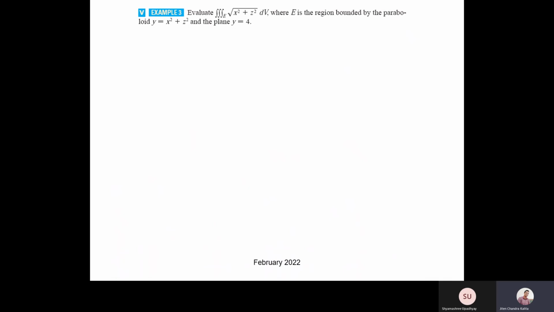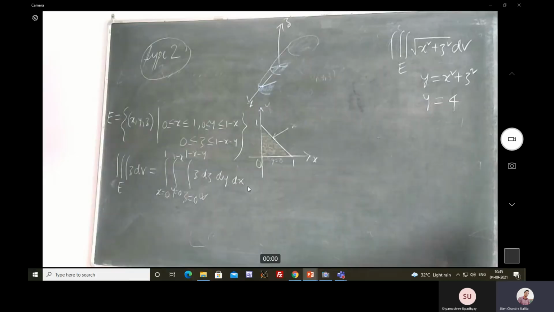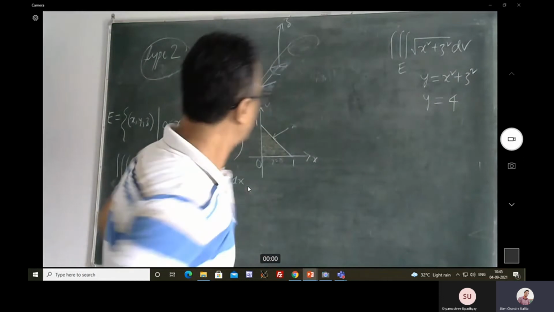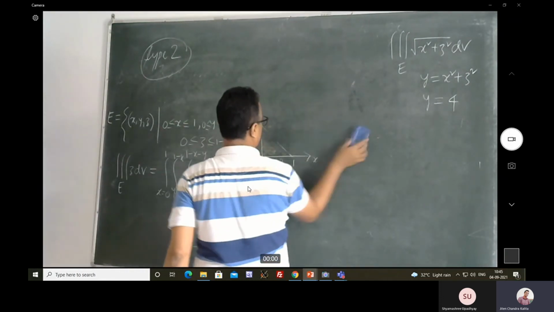It is about evaluating the integral of x squared plus z squared dV, where the region is bounded by the paraboloid y equal to x squared plus z squared and the plane y equal to 4. Let me simply write it down, and after that I'll come back to the blackboard. Let us see what this equation is.